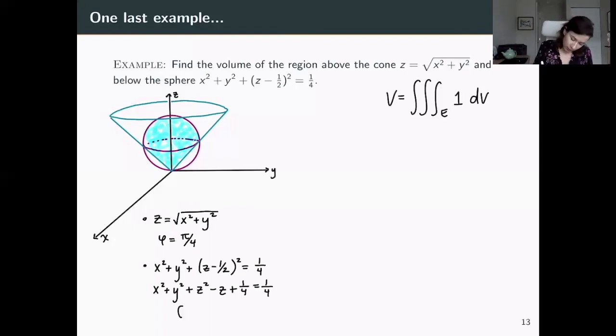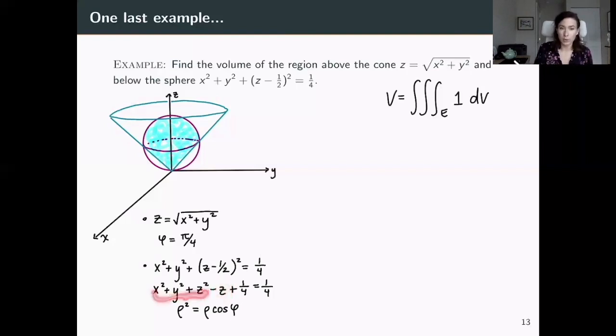So that we have that rho squared is going to have to be equal to rho cos of phi, because our z is always going to be equal to rho cos of phi.